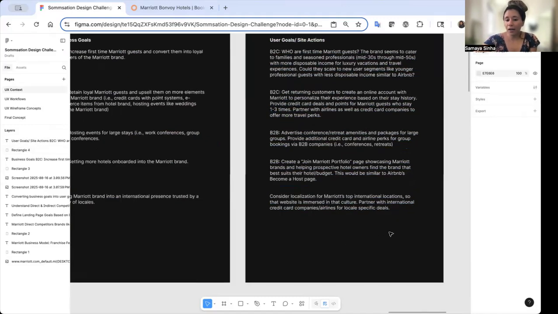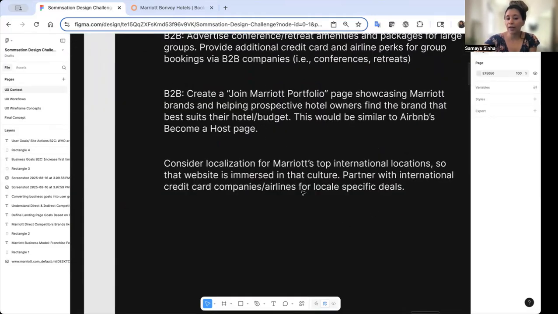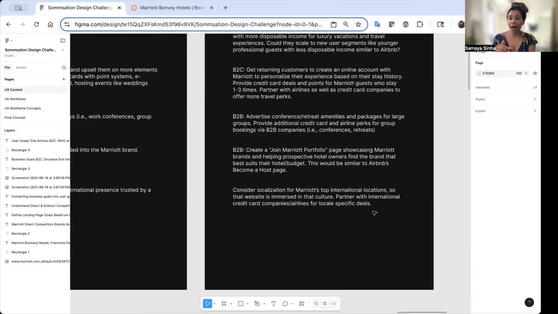And then I added another goal here, considering localization for Marriott's top international locations so that the website is immersed in that culture, and partnering with international credit card companies or airlines for locale specific deals. So from the homepage that I was seeing, because I'm based in the US and I'm here in Philadelphia, I saw that Marriott was highlighting a lot of their US-based locations.